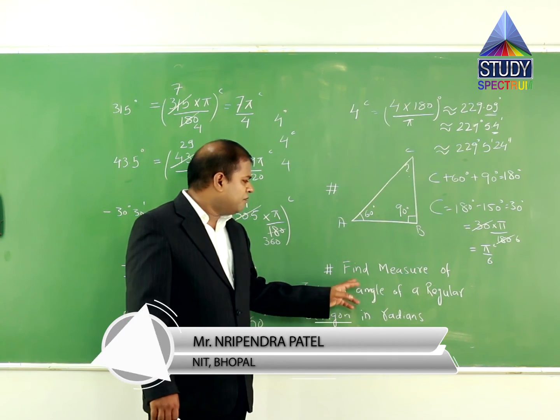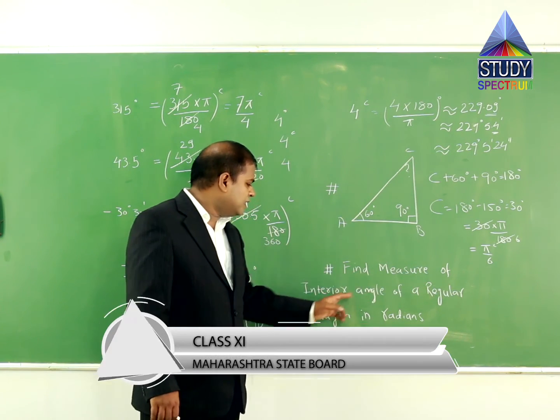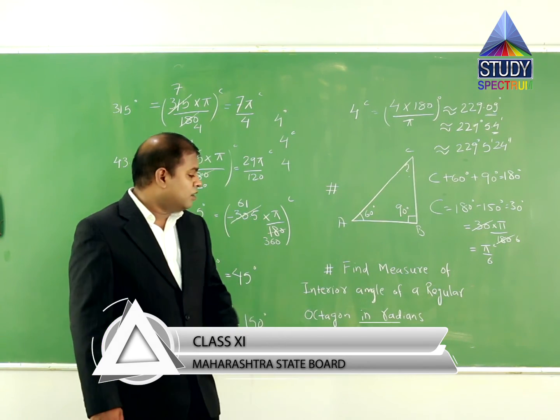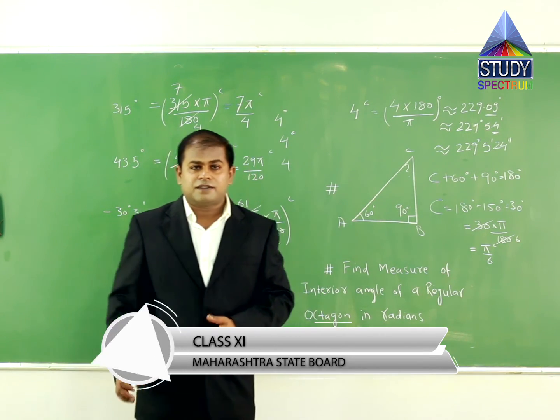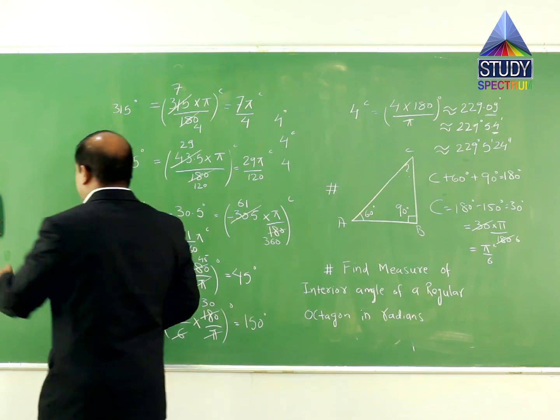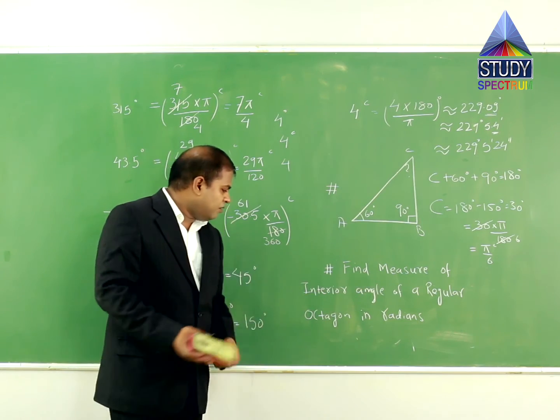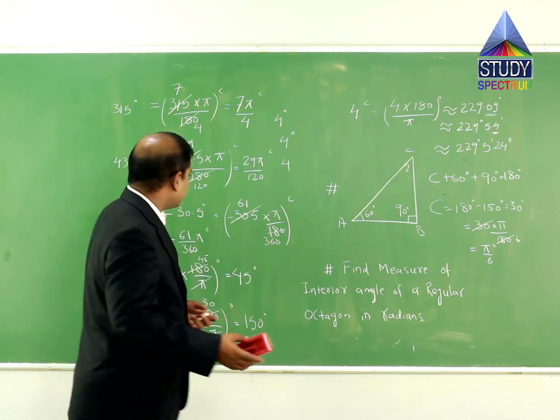The question is, find the measure of interior angles of a regular octagon in radians. I'll repeat. The question says, find the measure of interior angles of a regular octagon in radians.